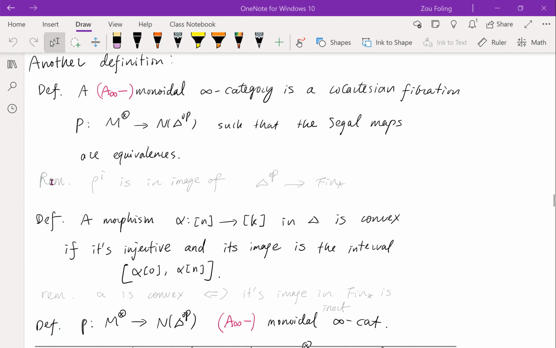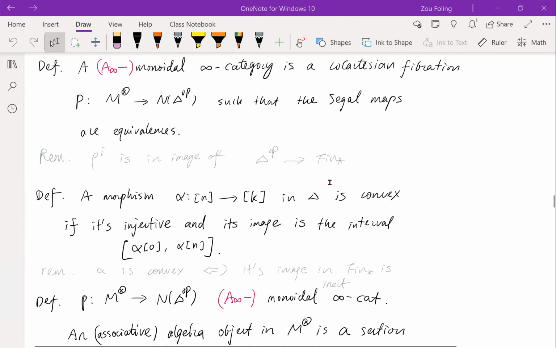Now I want to study the category delta op and fin star. I have a remark saying that the maps rho i, which give the Segal maps, are in the image of the inclusion of delta op into fin star.